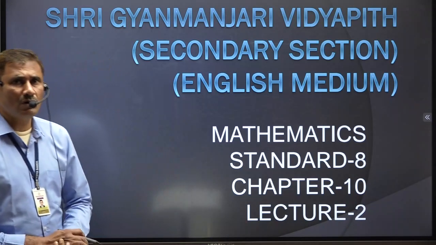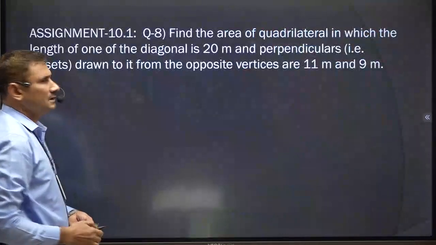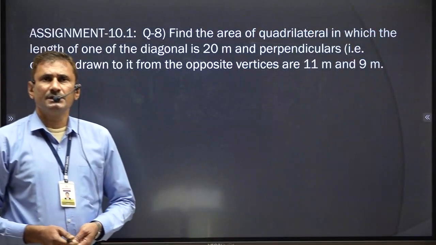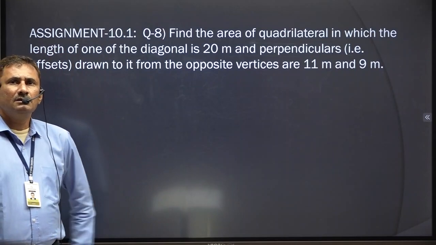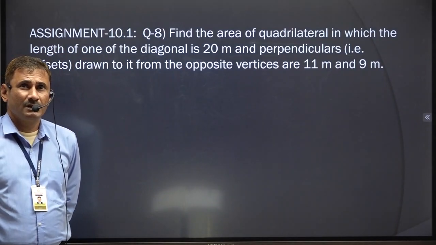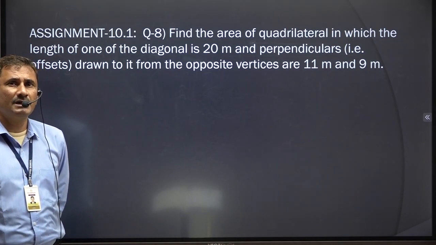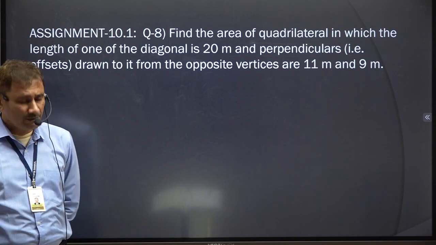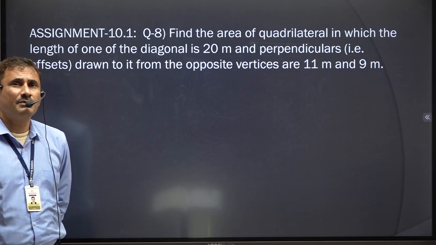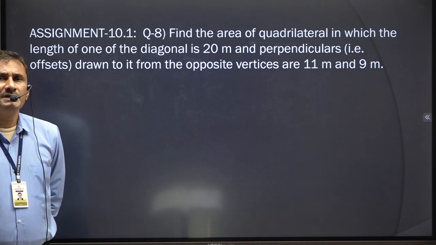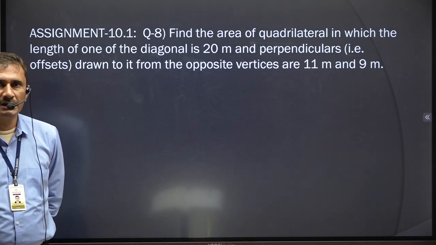So now we are going to start from question number 8. This is question number 8 on the screen. Again a quadrilateral, in which the length of one of the diagonals and the perpendiculars, meaning offsets, drawn to it from the opposite vertices are given as 11 and 9.